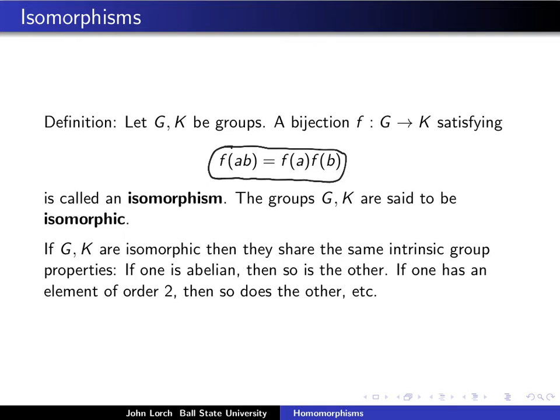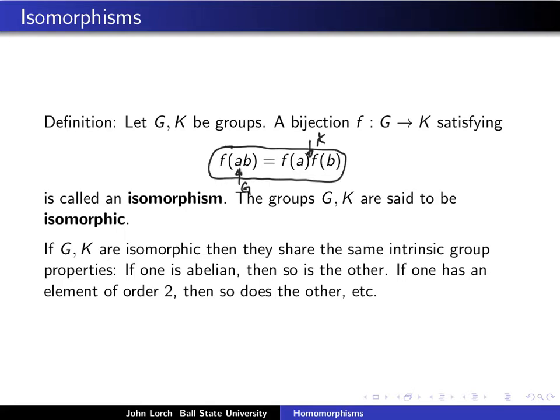Now, it's important to understand where these computations are happening. So, for instance, the product A times B is happening within the group G, whereas f of A times f of B is happening in the group K.